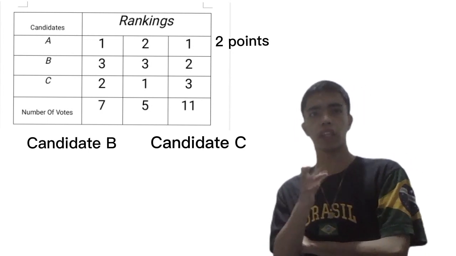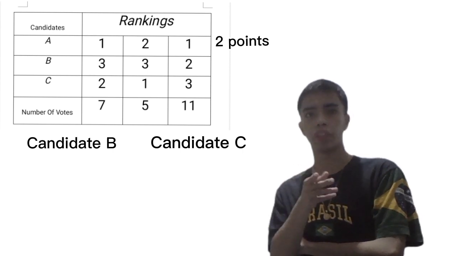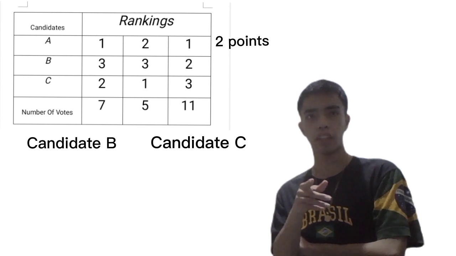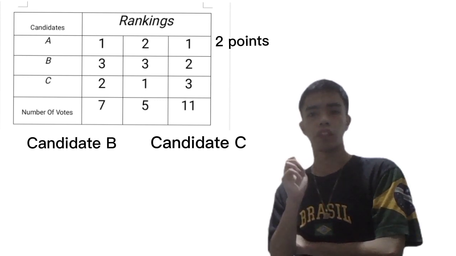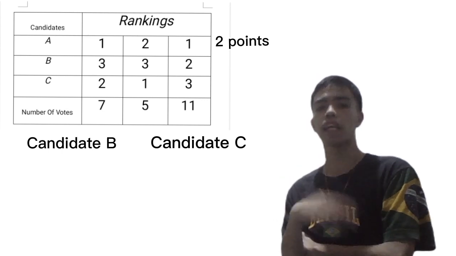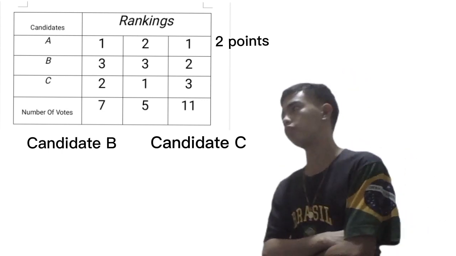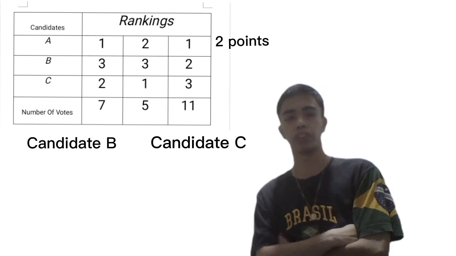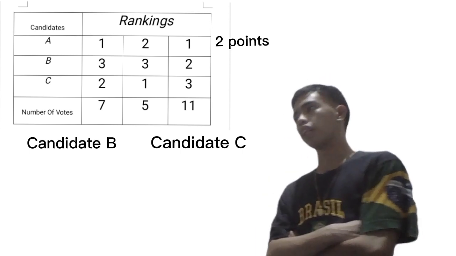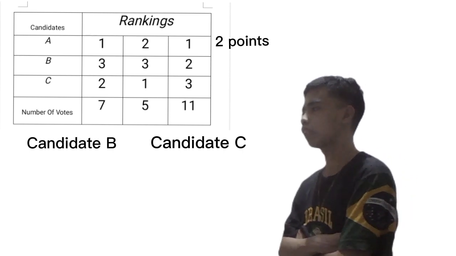Because candidate B already matched up with A, and candidate C already matched up with A also, the only matchup left is candidate B versus candidate C. So in the number of votes of 7, candidate B got third, while candidate C got second.